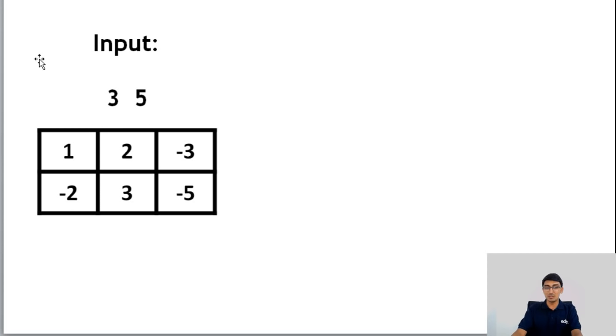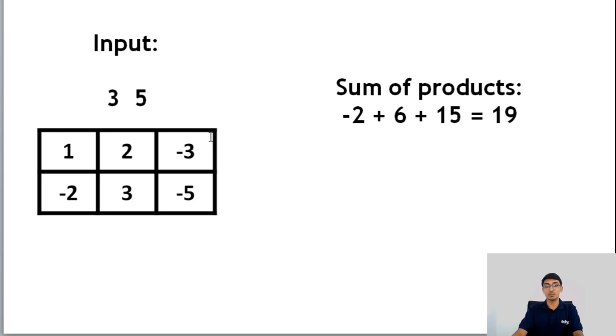What is the meaning of the sum of the products? Well, currently, without any modification, the sum of the product is -2 plus 6 plus 15. What is that? Well, -2 is 1 into -2, 6 is 2 into 3, and 15 is -3 into -5.